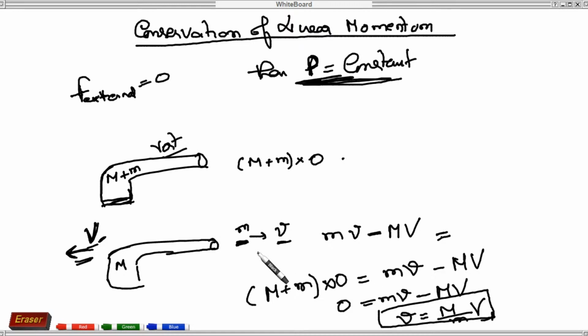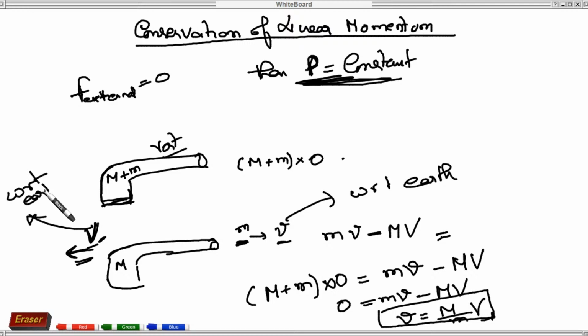The thing is that this velocity is with respect to Earth, and this velocity is also with respect to Earth. What does with respect to Earth mean? That is as seen from Earth, or we can say Earth frame of reference.